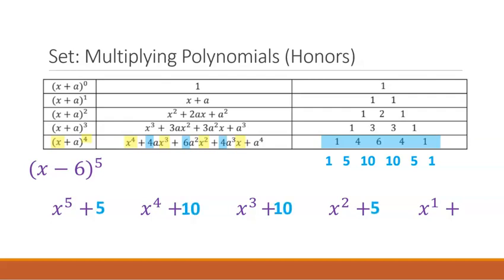Again, the 1 is being skipped since 1 times x to the 5th power would just result in x to the 5th power. The last pattern to notice is what happens with the plus a as we multiply out the binomial in the table.